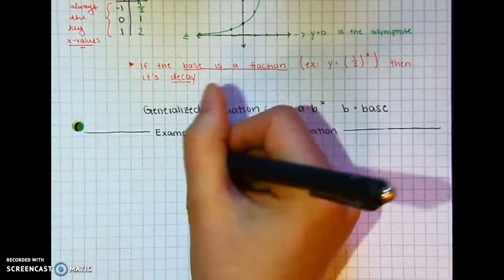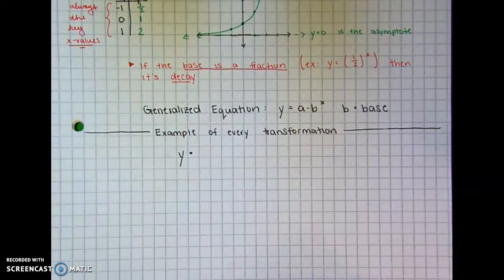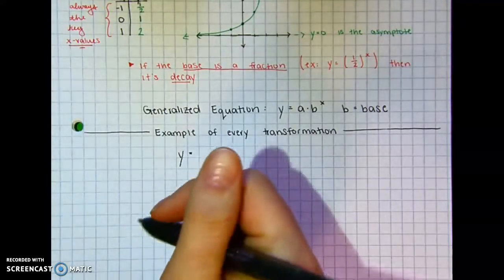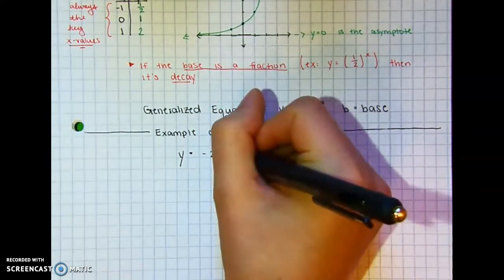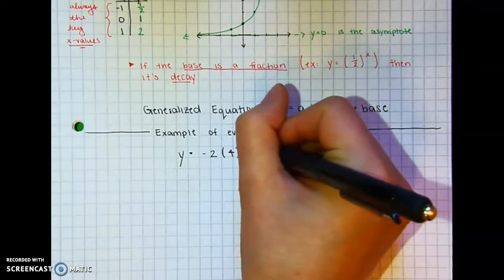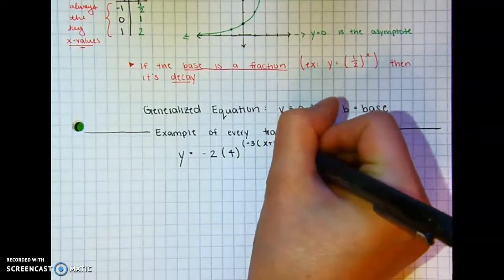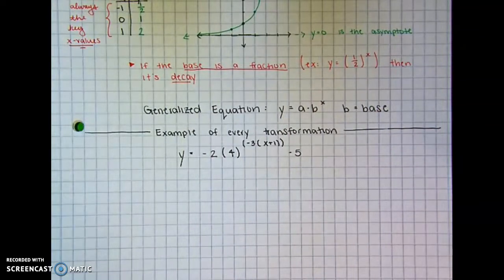Y equals, I'm going to use numbers for this because I think it makes it easier. So if I have -2 and then in parentheses 4 to the power of, in parentheses, -3 times x plus 1 and then -5. Okay, so a lot going on here.